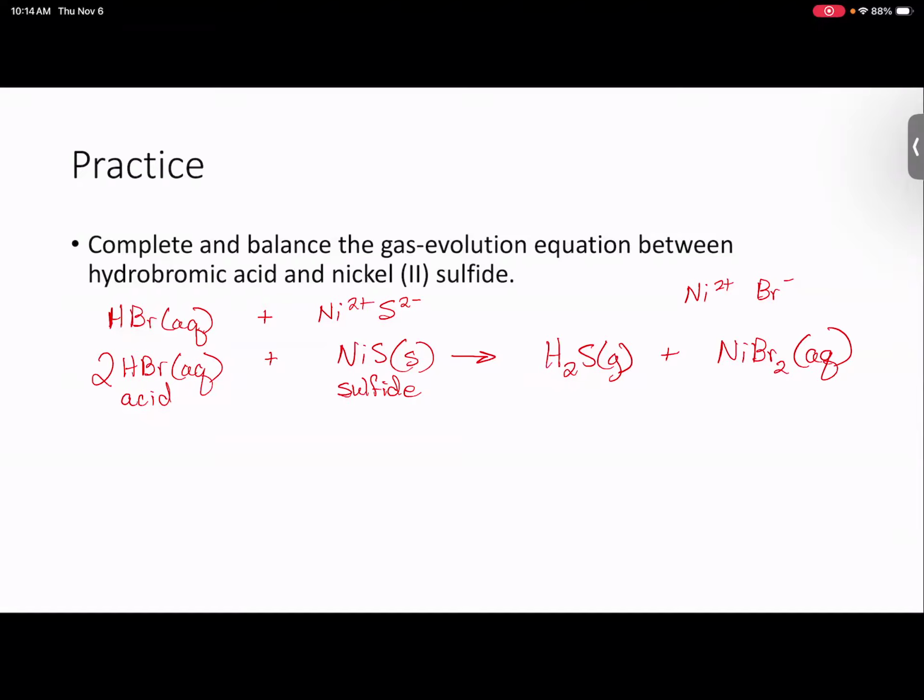Questions? Yes. No, just the molecular. Actually, probably just telling me what gas is formed, because there's going to be plenty of other math problems on this next test, which are going to take some time.